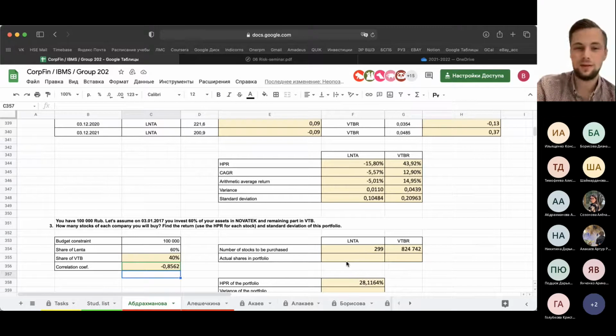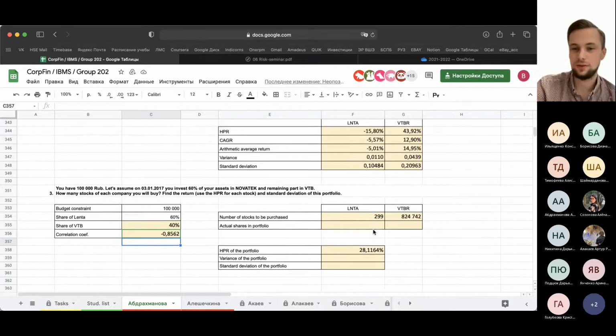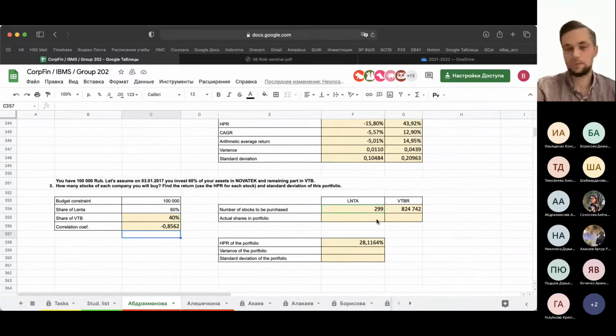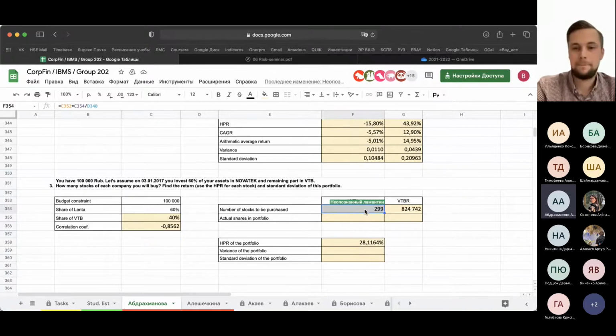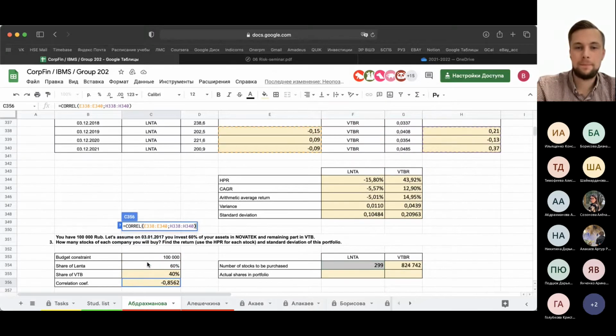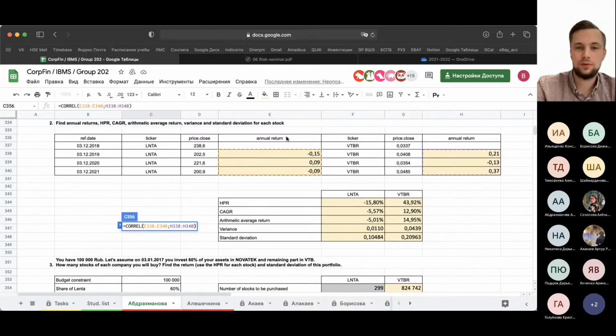Okay, how to calculate the number of stocks to be purchased of Lenta and VTB? Sorry, can you do the correlation coefficient again, please? So we use annual returns as arguments for this formula.